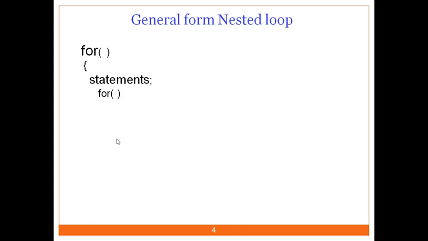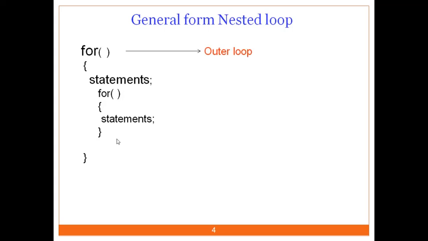Inside the for loop, again we write one more for loop. This for loop begins. Inside it, again we write some set of instructions, called statements. The inner for loop is closed. Then the outer for loop is closed.